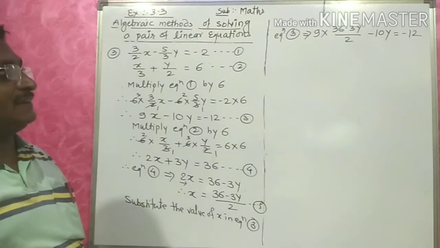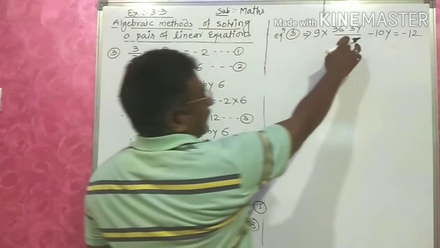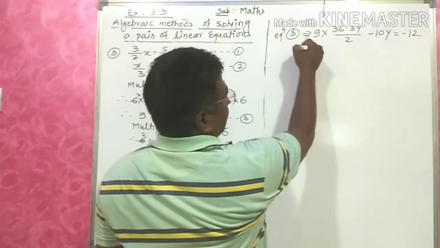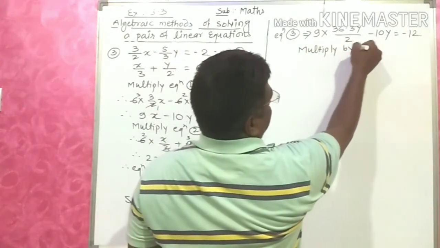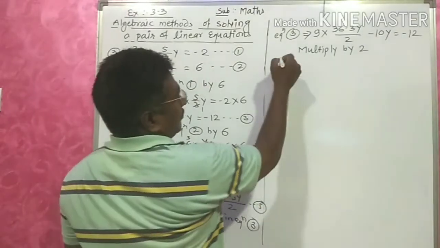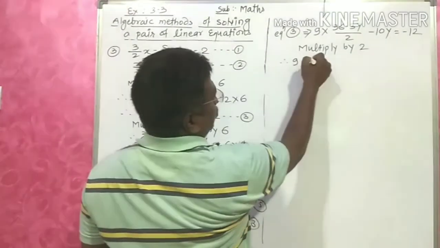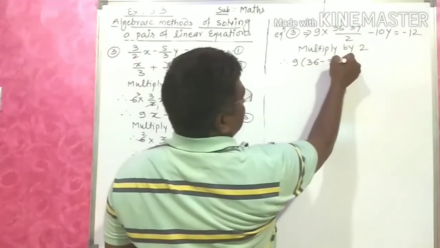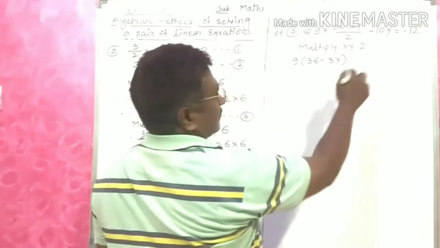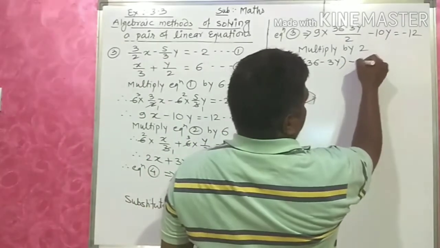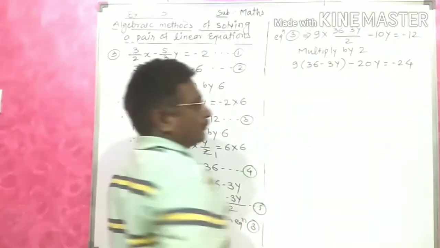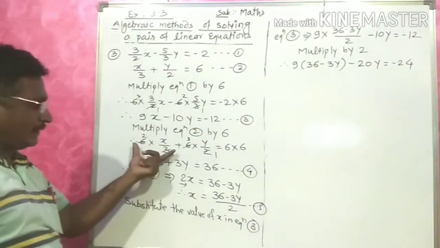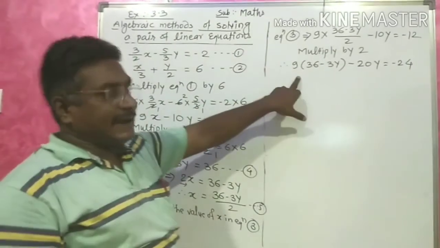Now simplify this. Remove this 2, so multiply by 2. Multiply by 2. So what will we get? 9 into 36 minus 3y, 2 to cancel, so here 20y, here minus 24. Now here I showed how to multiply, here I did it directly.